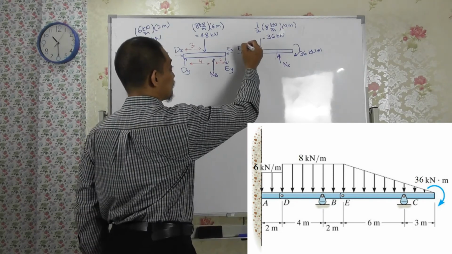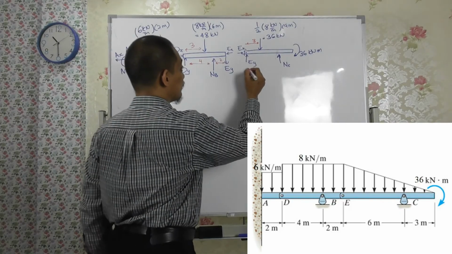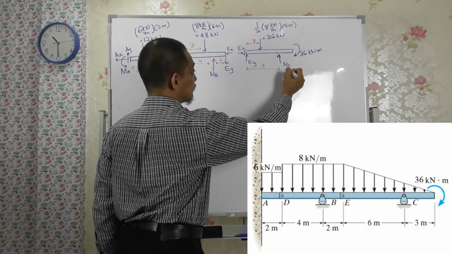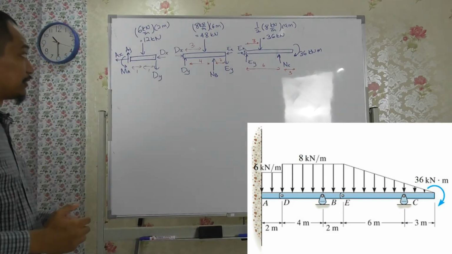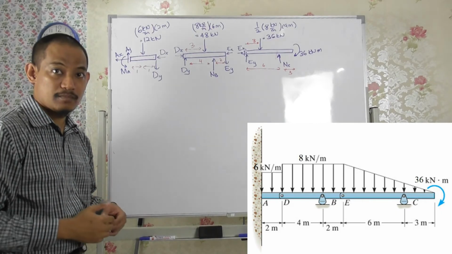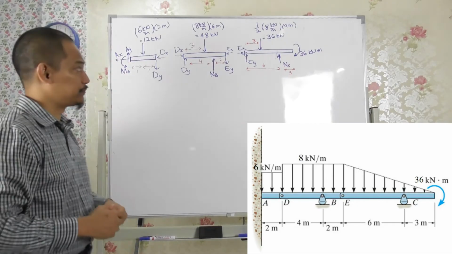Should be 3, right? So it should be 3 here. And this is 6 given. This is another 3. But that doesn't have anything there. Alright, so that will be your free body diagrams. Clear there? Hopefully. Alright.